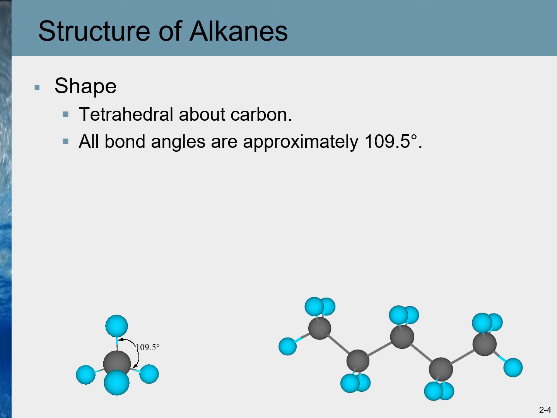The smallest and simplest hydrocarbon is methane. In methane, we have one carbon bonded to 4 hydrogens. In methane, the carbon atom is sp3 hybridized, and in chapter 1 we learned that if a carbon atom has sp3 hybridization, it will adopt tetrahedral geometry.